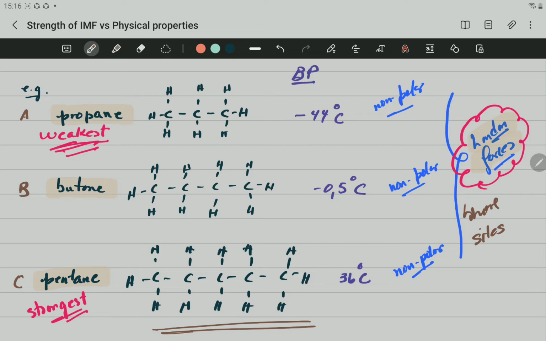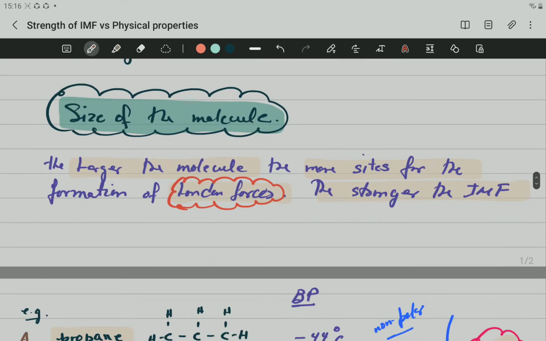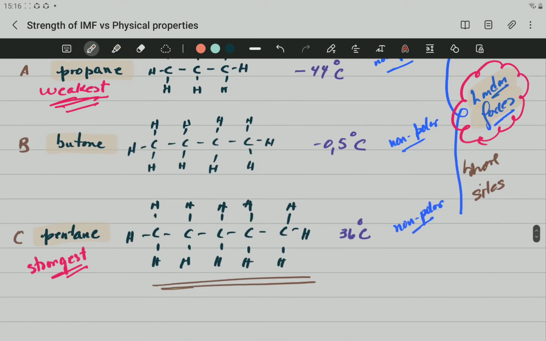Remember, the intermolecular force that is going to be affected here is only the London forces. If the molecule is becoming bigger, only the London forces will be affected. So I hope this is clear.